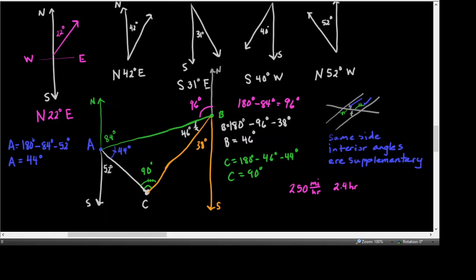Well, if you notice the way I've set it up, if you multiply these using dimensional analysis, you'll find the length from A to B, which I'm going to call C, little c. And the length of C is the length in miles. So 250 miles per hour for 2.4 hours, you multiply those, and you get 600 miles. So this is now known to be 600 miles.